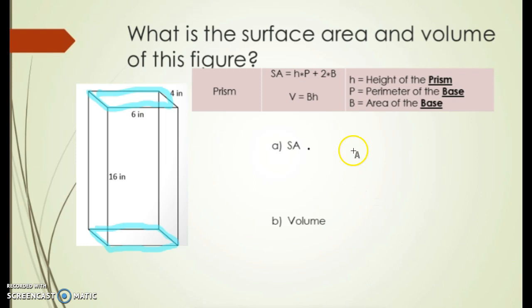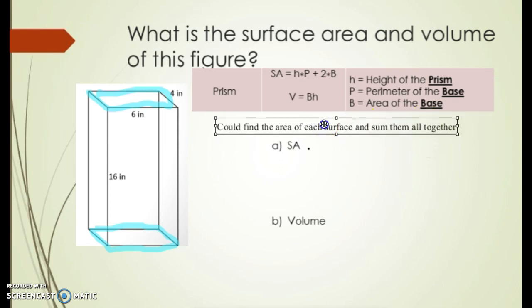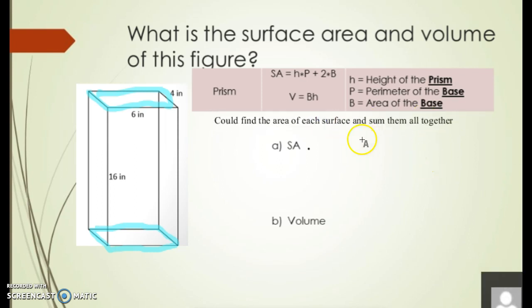There are 2 ways to do the surface area. I'm going to use the formula, but the other thing you could do is find the area of each surface and sum them all together. We've done this in the lesson, so you can go back to your lesson notes. In this case, there are 2 congruent rectangles that are the front and back.